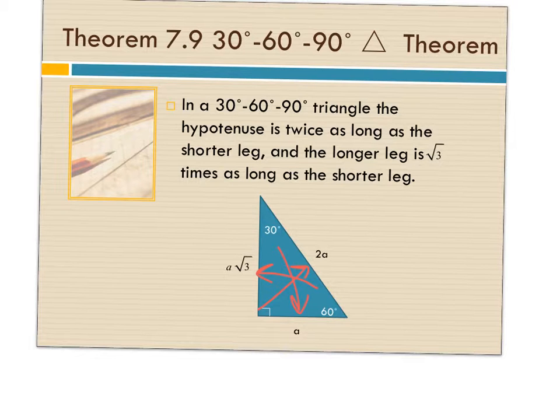So if I had asked you to put the side lengths in order, do you remember how you figure out which one's the smallest? How do you know which side is the smallest in a triangle? Opposite the smallest angle. What's the largest one? Opposite the largest. And the middle one would be in between, right? So think about what is square root 3.